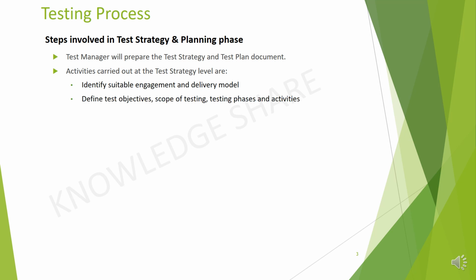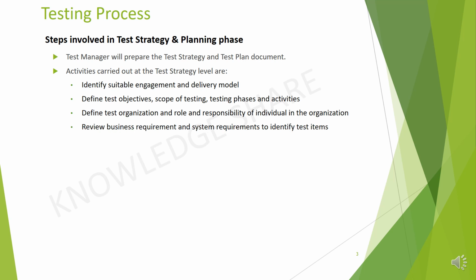Next, define test objectives, scope of testing, testing phases and activities. Next, define test organization and role and responsibility of individual in the organization. Next, review business requirement and system requirements to identify test items.